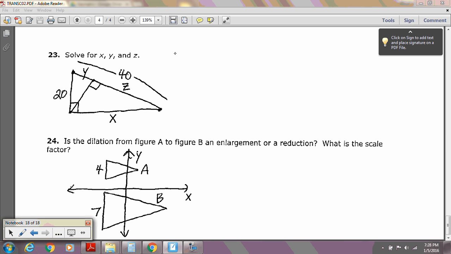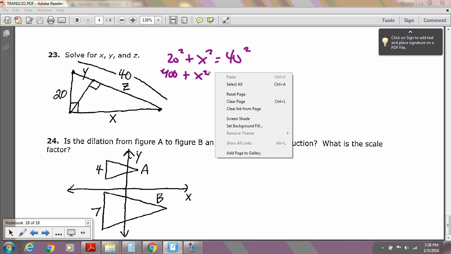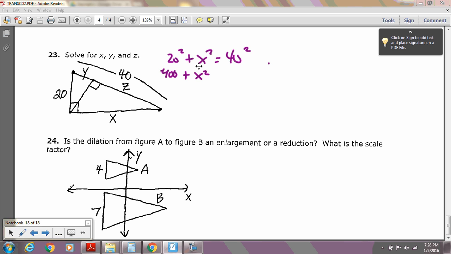So to find x, you would do 20 squared plus x squared equals 40 squared. 20 squared is 400. And 40 squared is 1600. Subtract both sides by 400.